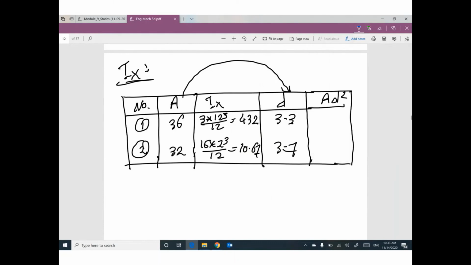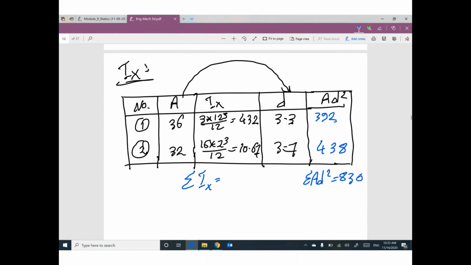So 36 times 3.3 square, 392. 32 times 3.7 square, 438. Summation of this column, summation Ix, and summation of this column, summation area d square. This one will be 830.